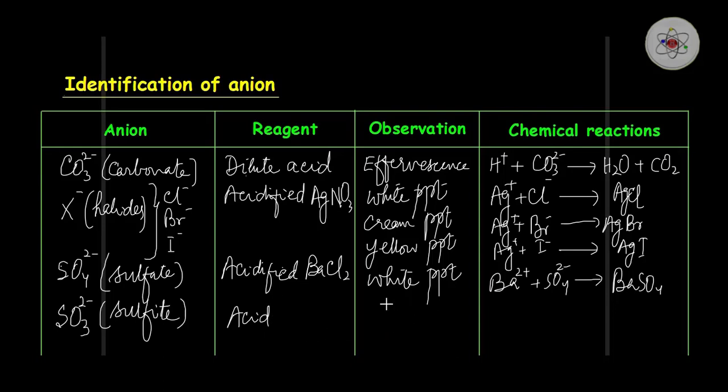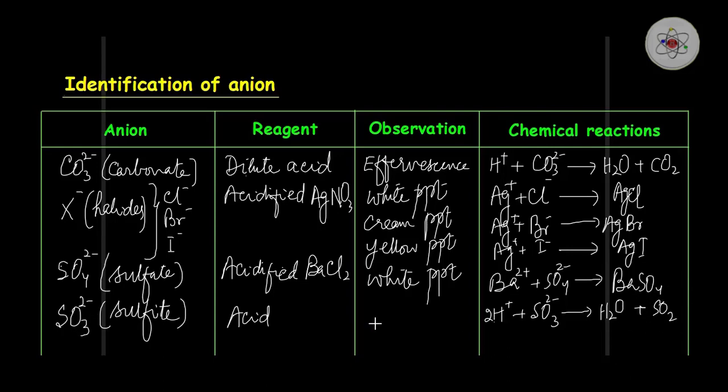Basically, hydrogen plus sulfite forms sulfur dioxide gas with water. All right. So when sulfur dioxide gas is formed, we can easily identify the presence of sulfite by doing the test for sulfur dioxide gas.